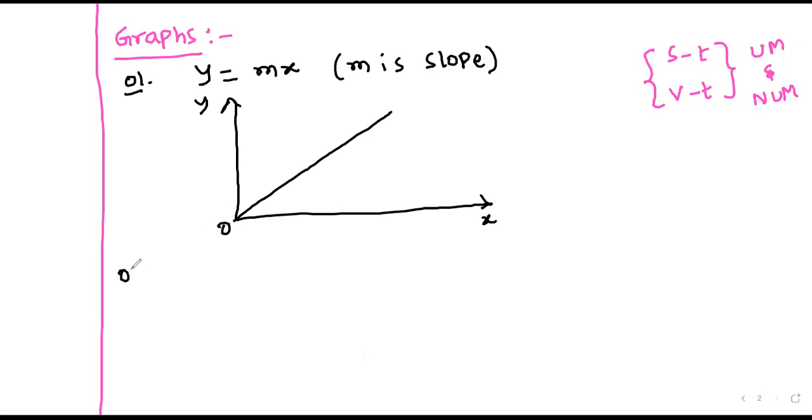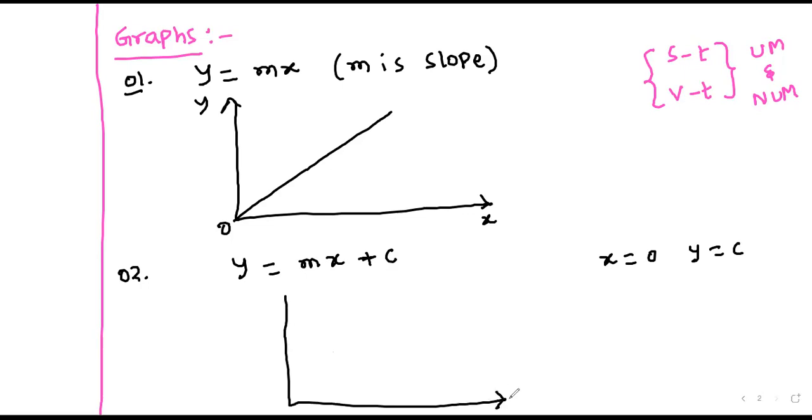Next, suppose the graph is like y equal to mx plus c. Here also m is slope. When x equal to 0, y is equal to c, that is some constant value. This is the x-axis and this is the y-axis.